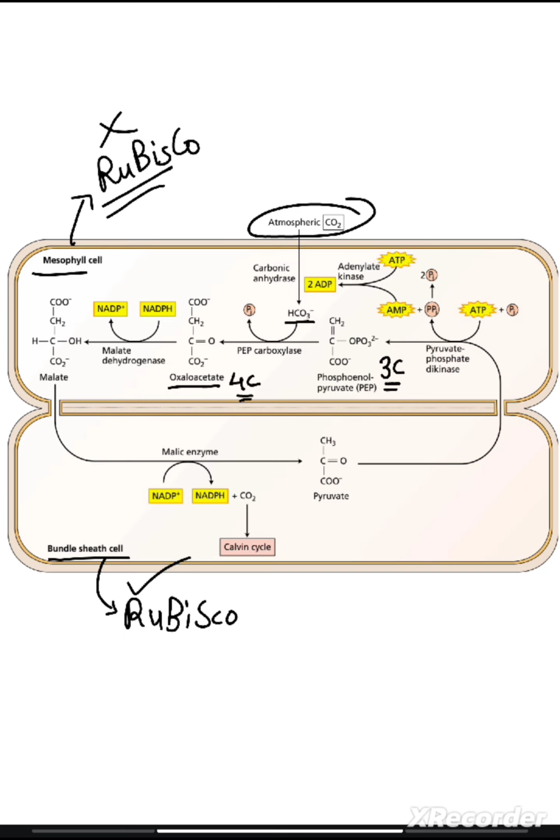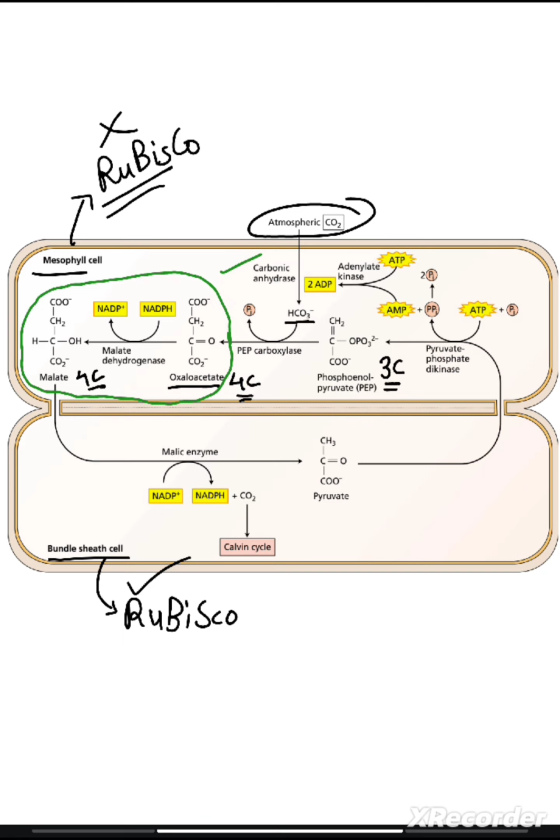Although it's not shown here, just remember that these steps are happening inside the cytosol, while the oxaloacetate, once formed in the cytosol, will travel into the chloroplast. Inside the chloroplast, it will get converted to another 4-carbon molecule, that is malate.